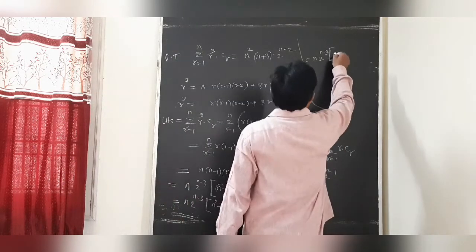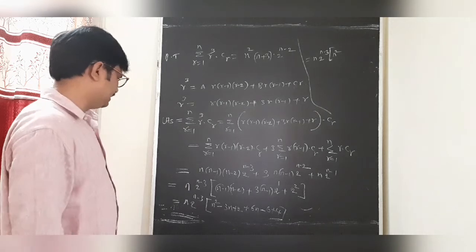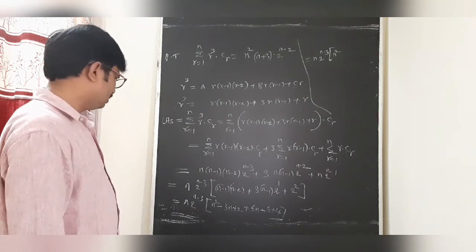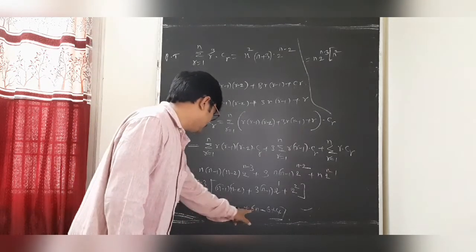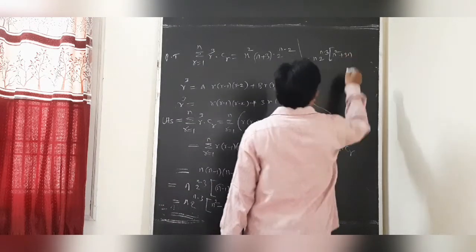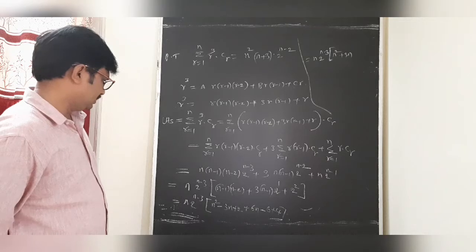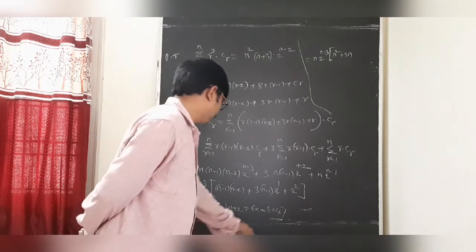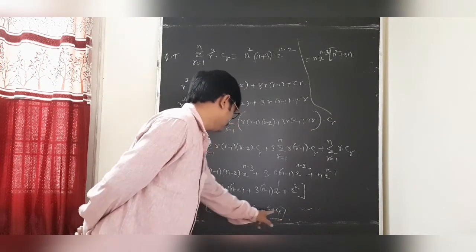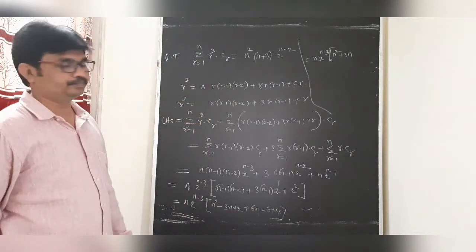Undoubtedly students, this is n square. After that, my dear students, n square. Then 6n minus 3n is plus 3n. After then, 4 plus 2 is 6. 6 minus 6 is 0.